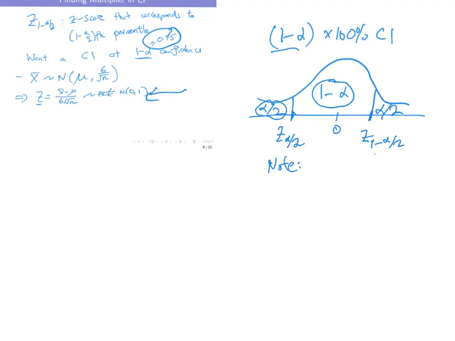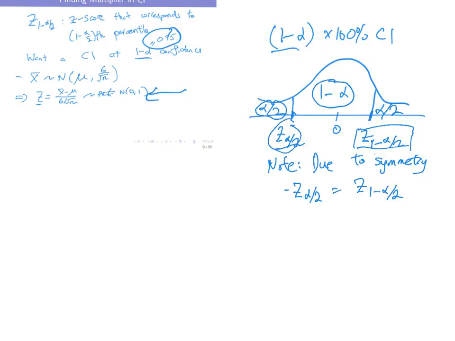Note, due to symmetry, these values have the same magnitude, i.e., the negative of the z-score that corresponds to the alpha over 2 percentile will be equal to this value over here. The one on the left-hand side is negative and the one on the right is positive, but they have the same magnitude. So we're going to use that fact.